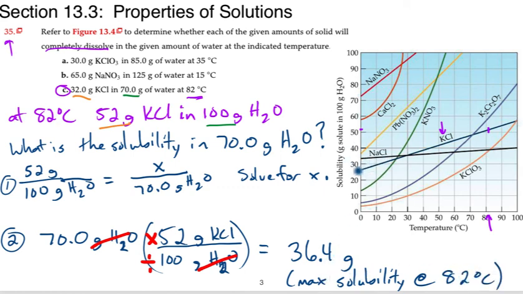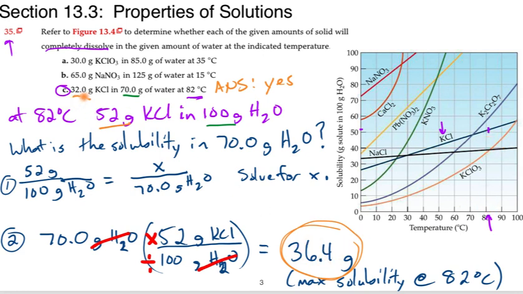This graph isn't great. It's good enough for what we're doing here. I still haven't answered the question. How do I now answer the question? I have to do the math before I can answer the question. The answer to the question is, yes, it will dissolve. What this number is telling me is that if that's the maximum amount of the potassium chloride that will dissolve in this solution, anything below that value is going to dissolve.